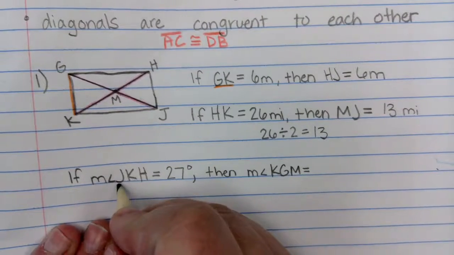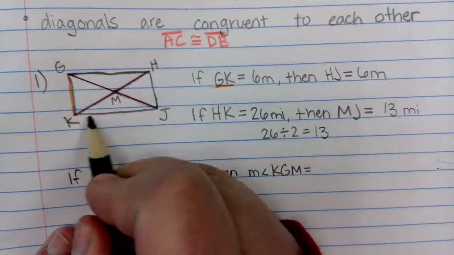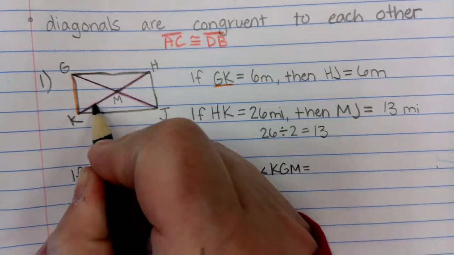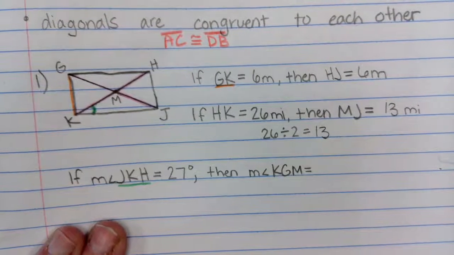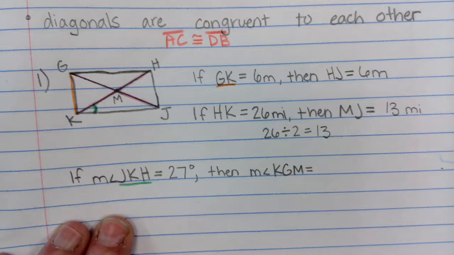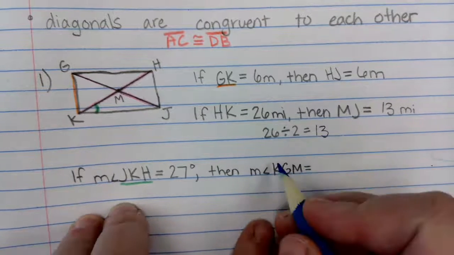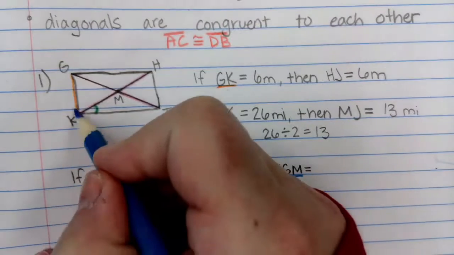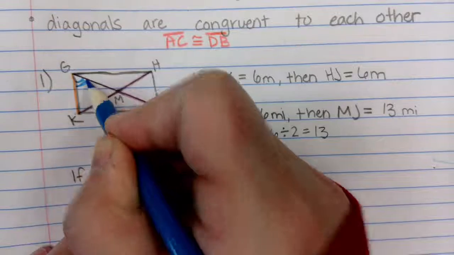But now if I look for KGM, yep, KGM, that's this one here. So how am I going to go from one corner to the other corner? Because those angles aren't really next to each other. So how am I going to jump from this green angle up to that blue angle?